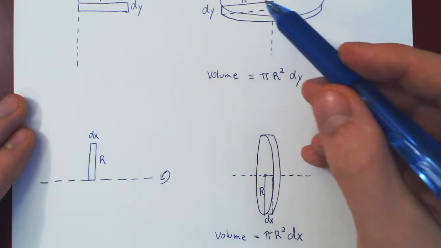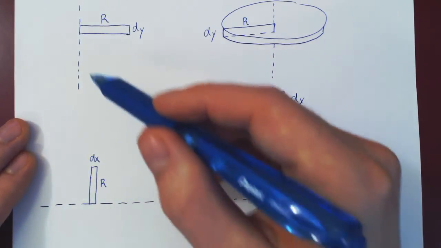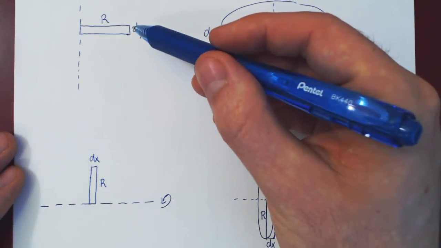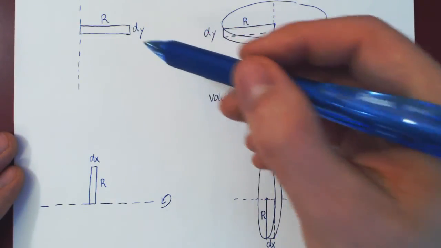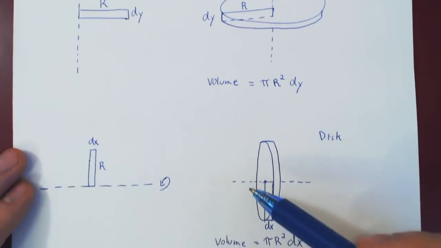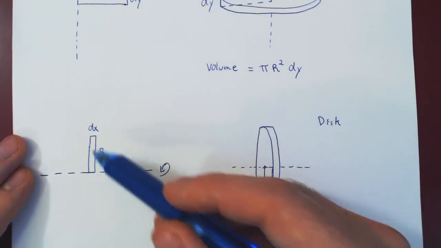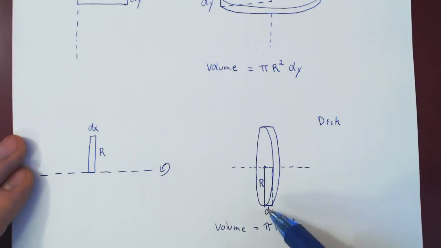R is in both cases simply the length of the rectangle, so nothing changes. The only difference with a horizontal rectangle, the thickness of your disk is dy, so the volume is pi r squared dy. For a vertical rectangle, the thickness of your disk is dx, and so the volume is pi r squared dx. And that's it.